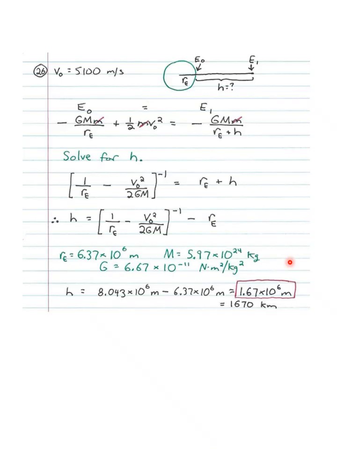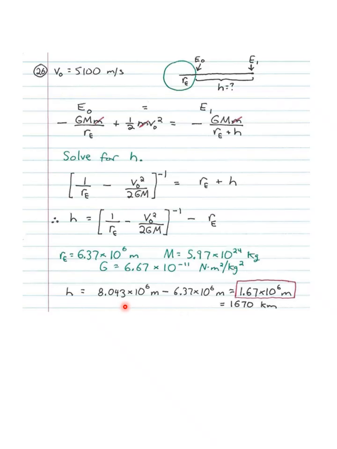There are the quantities written in green. And we get that h is, and I've broken this up into two separate parts, the bracketed part and the radius of the Earth, just so you can get a feel for how high the rocket has gone relative to the radius of the Earth.